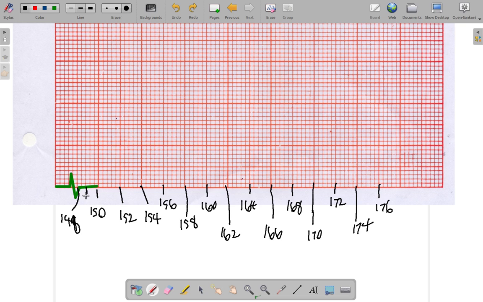So 149 would be halfway between 148 and 150, so that 149.5 would be halfway. Remember, this is 149. 149.5 is halfway between 149 and 150. So the bar going up to 8 will be somewhere there. Let's say this is 8 for argument's sake.